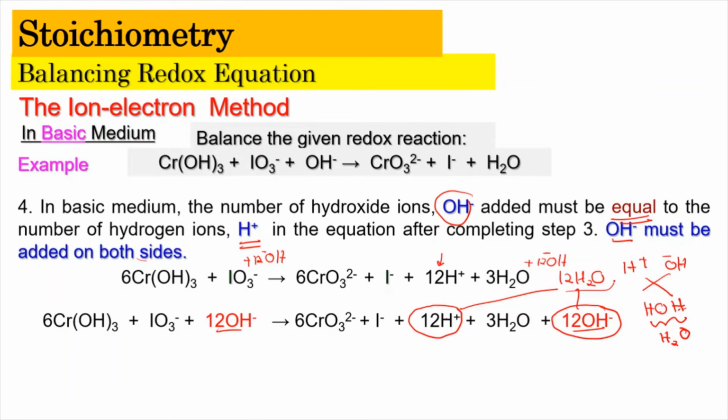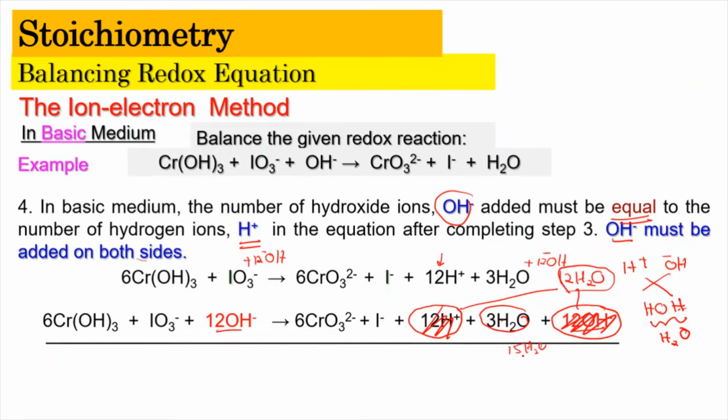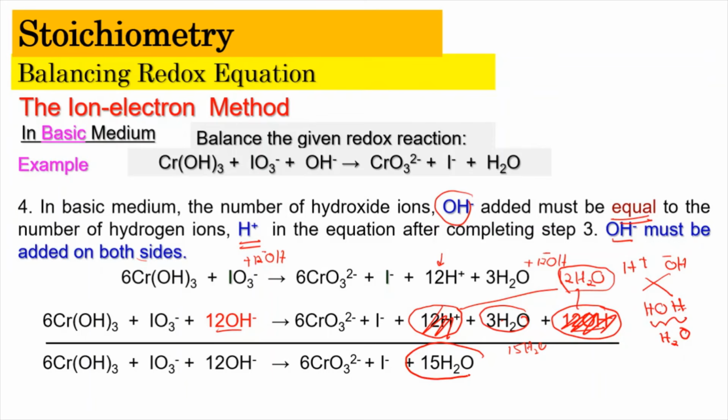And 12H2O, when you add up with 3H2O, 12 plus 3, you're going to have 15H2O overall. So what you're going to get is 15H2O because of this combination, and the others you just copy back again.